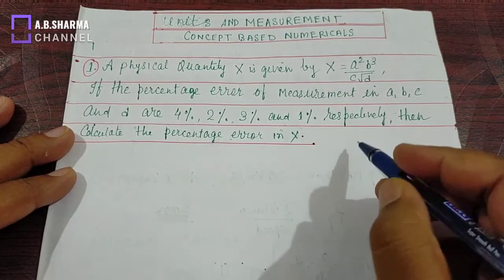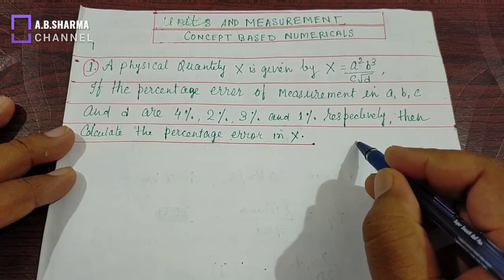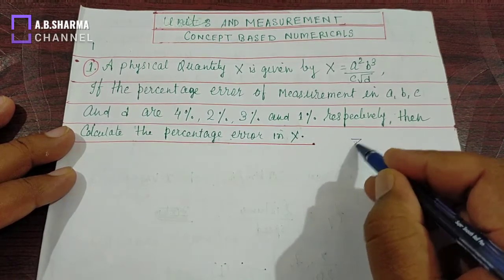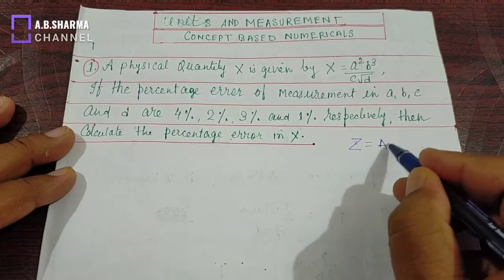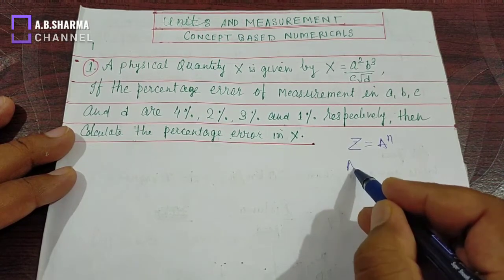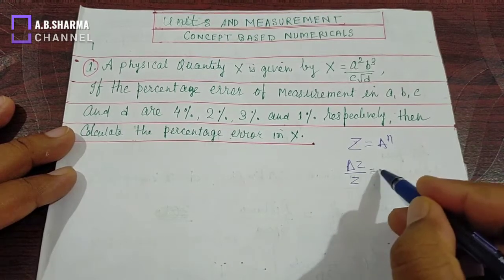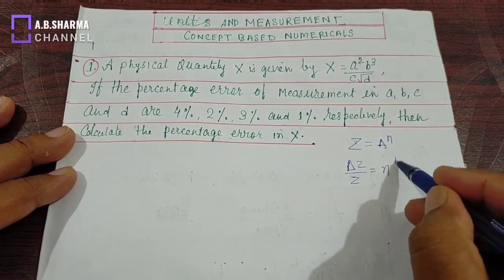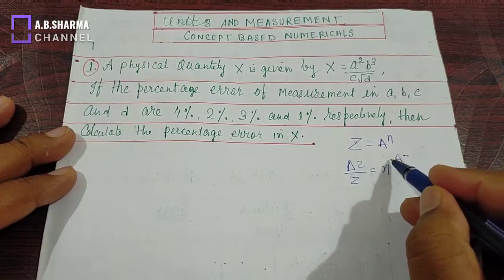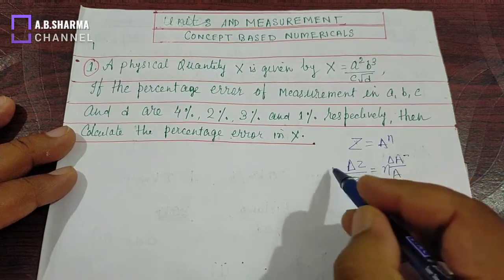So using the formula, if Z equals A to the power n, then fractional error in Z, delta Z upon Z, equals n delta A upon A. This is the formula.